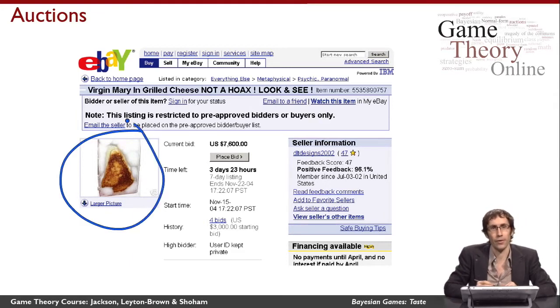And she took a bite out of it, and then she was amazed to discover what she considered to be a perfect likeness of the Virgin Mary in the shape of the burn mark on the grilled cheese sandwich right there. And so she was so amazed, she decided that this was a religious relic. She stopped eating the sandwich, and like anyone would do if they discovered a sign from God, she posted it on eBay to sell to the highest bidder.